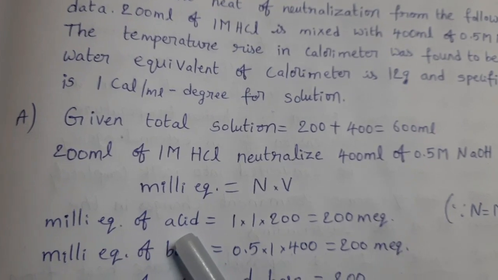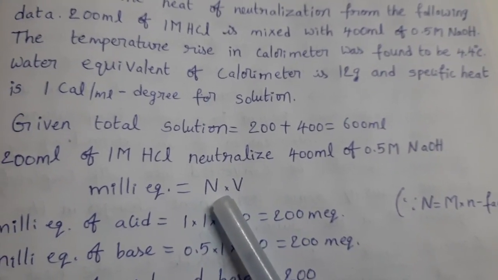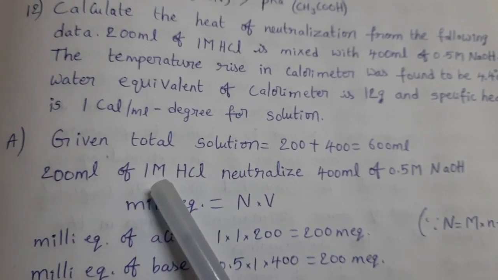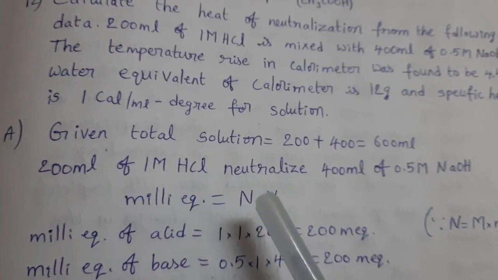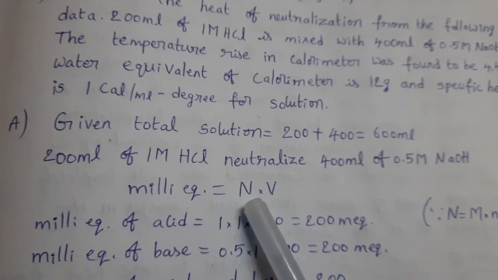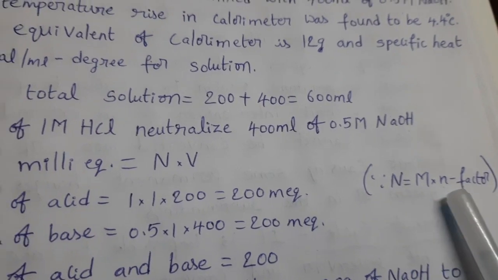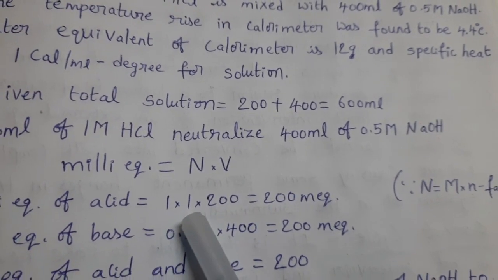Milli equivalents of acid equal to normality into volume. Here in the question, in the data, molarities are given. We want normality. What is the relation between normality and molarity? Normality equal to molarity into n factor. For HCl, n factor is 1.